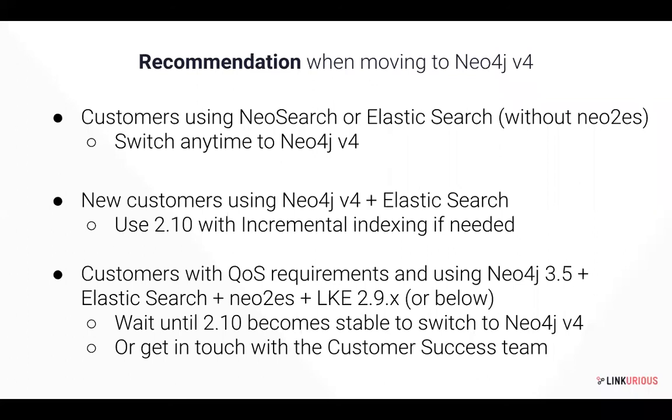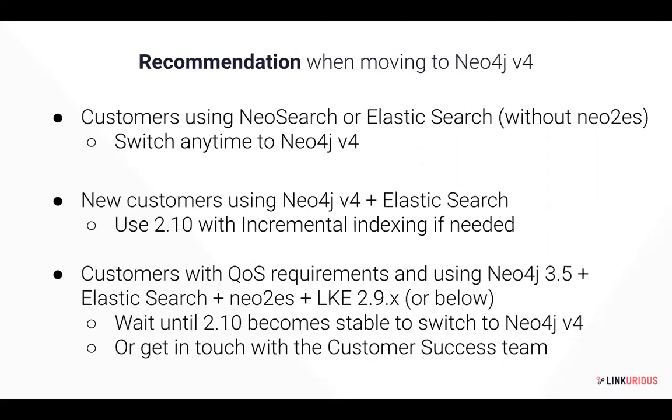But for customers that have high quality of service requirements, for example, because you're in production and you are supporting a mission critical use case, and if you are using Neo4j 3.5 right now with Elasticsearch and Neo4j, and you are using Linkurious Enterprise 2.9.x or below, we recommend that you wait until 2.10, because I mentioned this earlier, 2.10 right now is the beta branch.